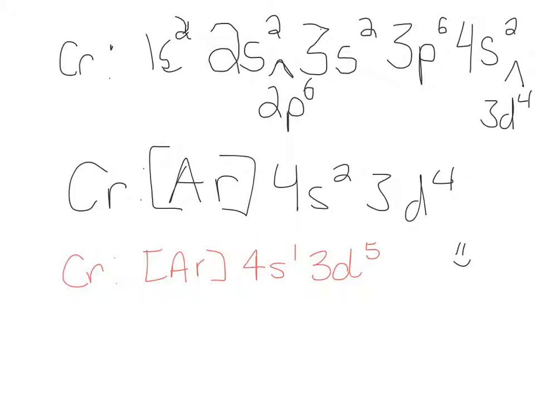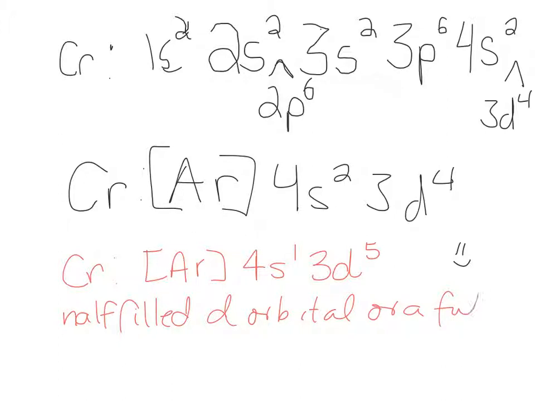So thanks for putting this one up. Here, you're 1 short of being half full. Again, being half full in a d orbital is lower in energy than being full in an s, partially full in a d. So a half-filled d orbital, or a full d orbital, is lower in energy.